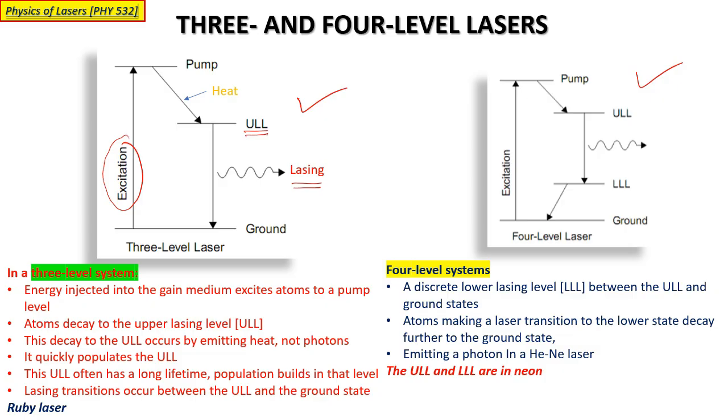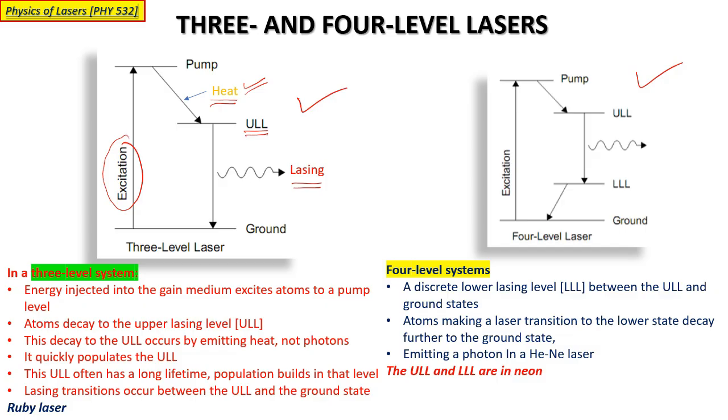This decay generates heat, not light. So when it decays from the pump level to the ULL, it generates heat. At the ULL it stays for a while, depending on the lifetime, to develop the population inversion.